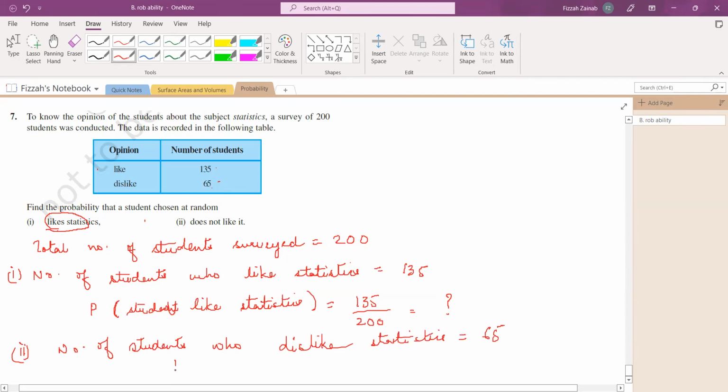So probability that a student dislikes statistics will be equal to 65 divided by 200.